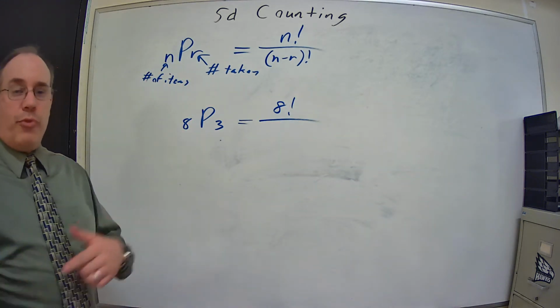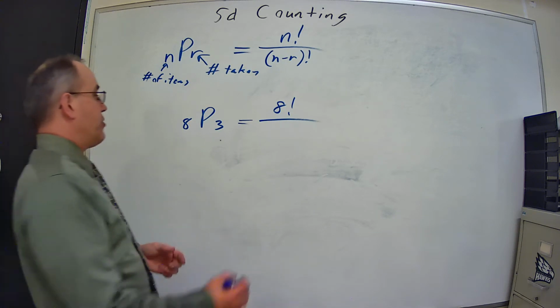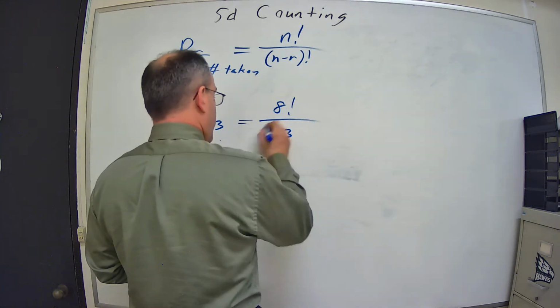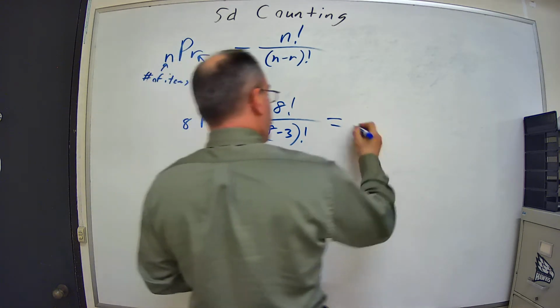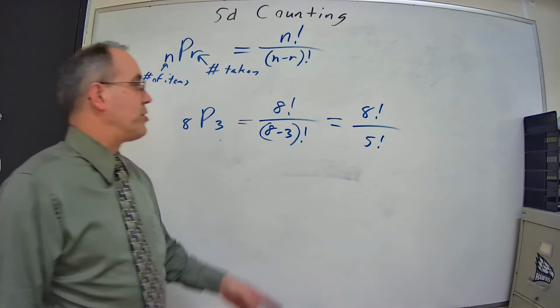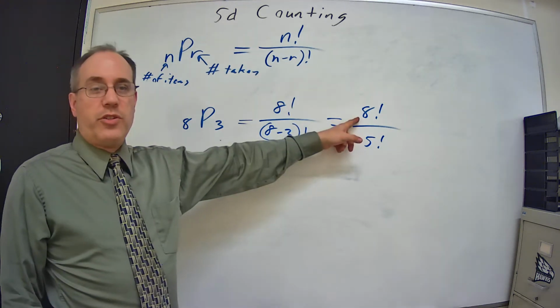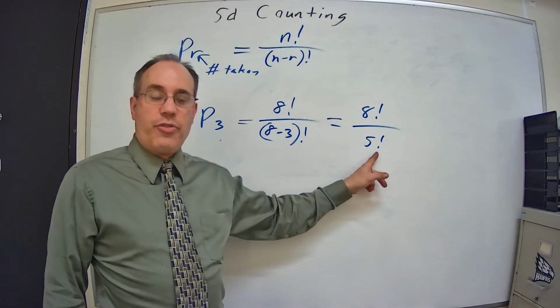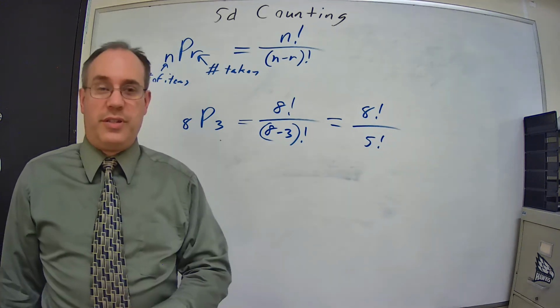Well, I want to get rid of the ones that I don't care about, so 8 minus 3 factorial gives us 5 factorial. So basically, we're starting out with how many ways can we arrange all 8, and then we're dividing out the arrangements of the people who don't get an A, B, or C.